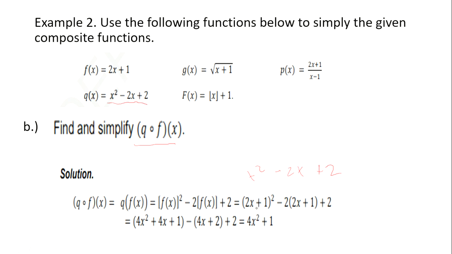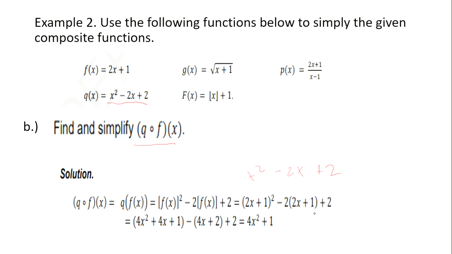Simplifying by expansion, (2x) squared is 4x squared. 2 times 2x is 4x times 1 is 4x. 1 squared is 1. For the second term, we have negative 2 times 2x. We just copy the negative sign: 2 times 2x is 4x, and 2 times 1 is 2.